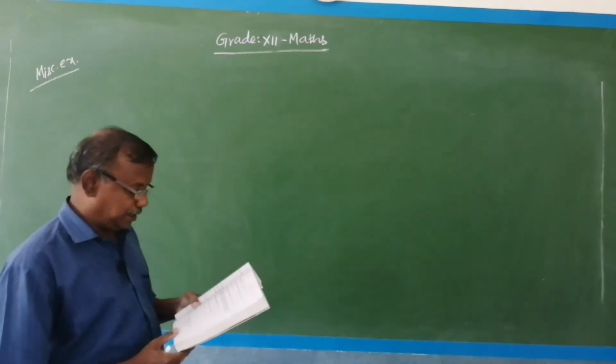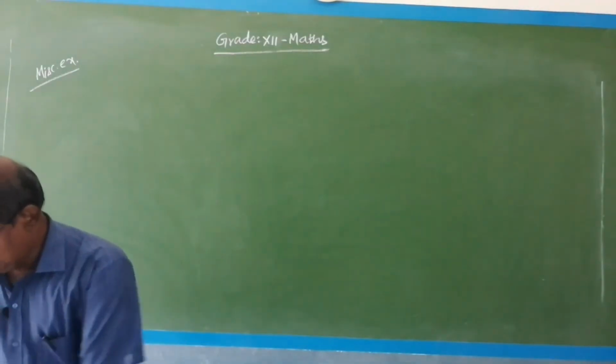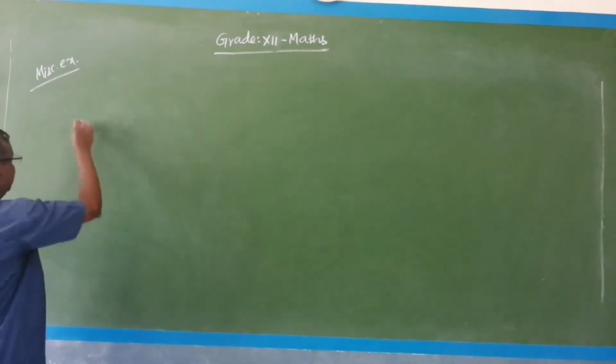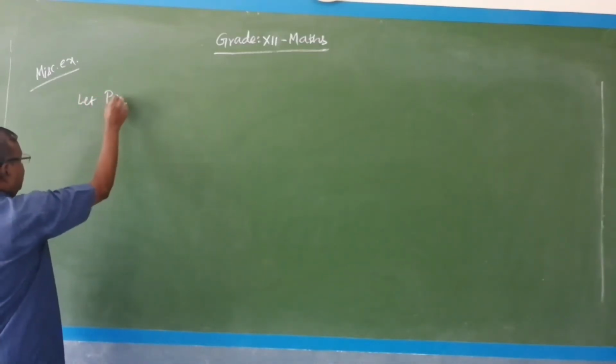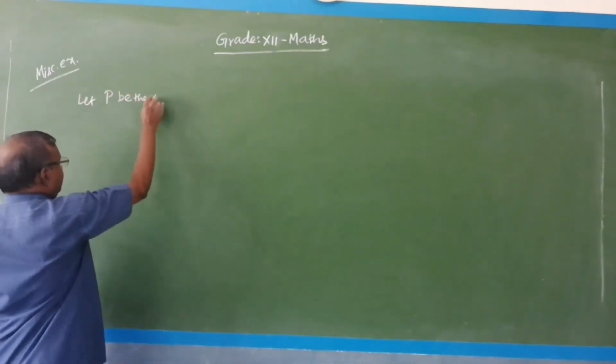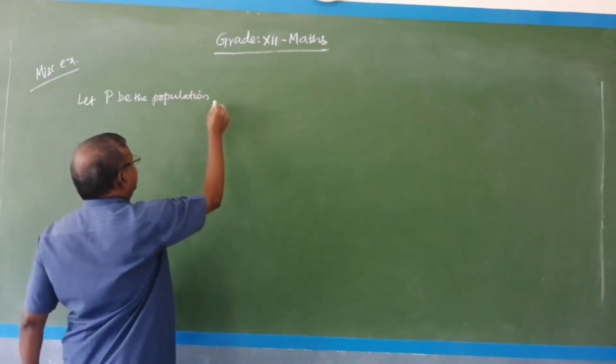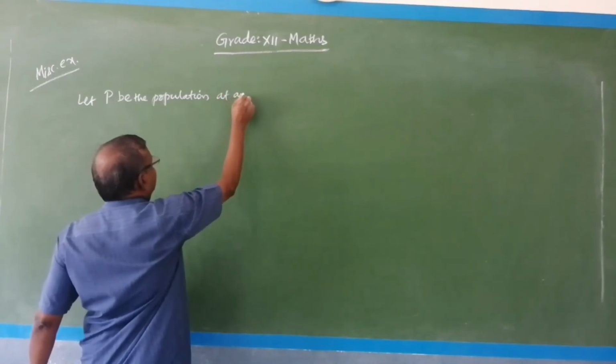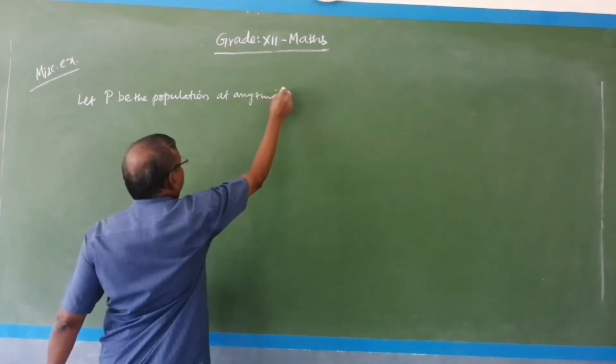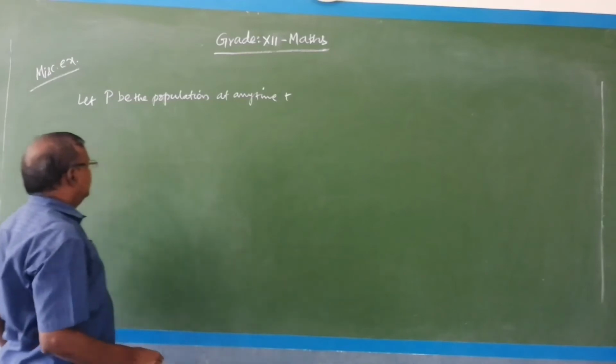So, let us start with the beginning. Let P be the population at any time t.